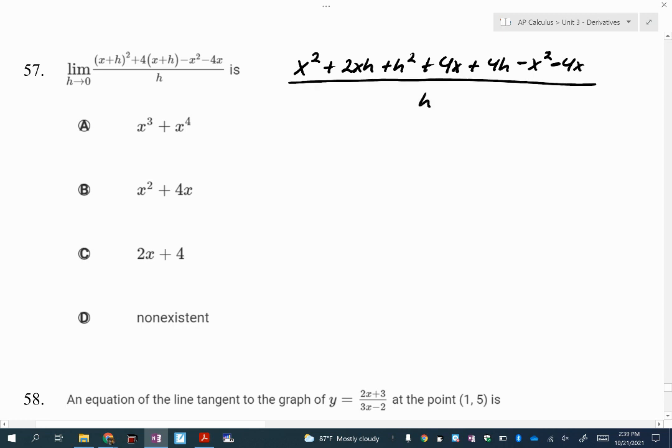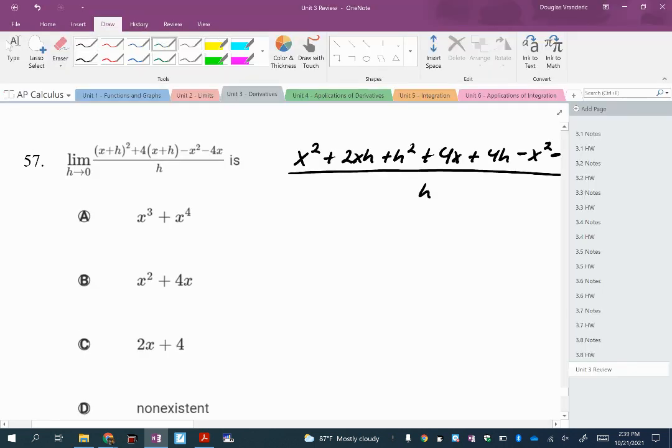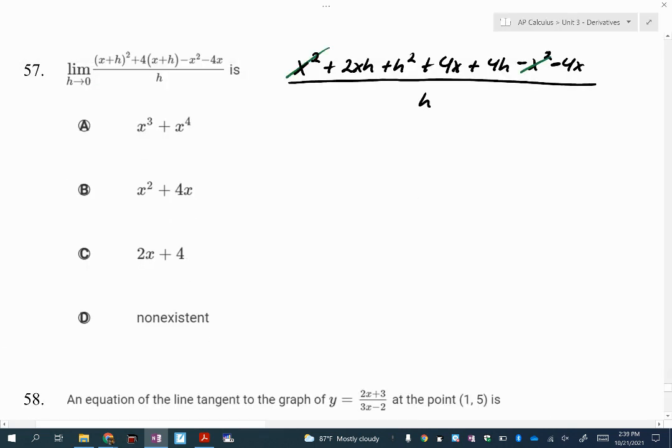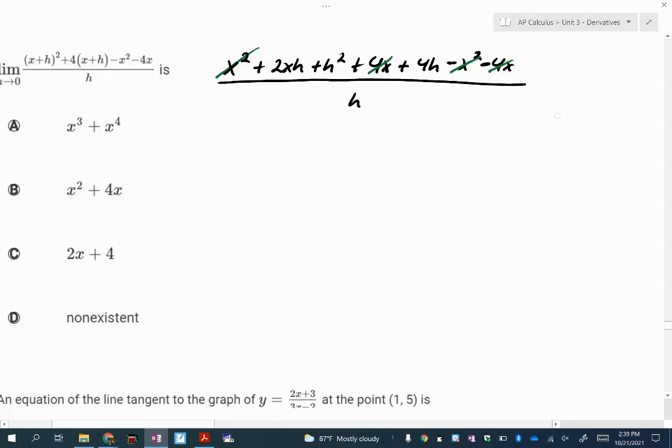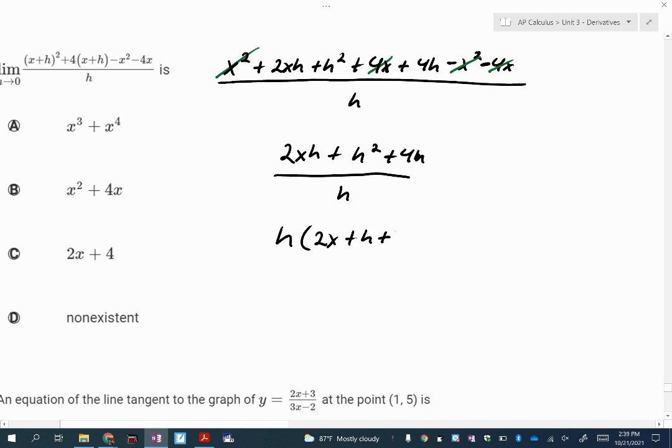I'm going to cross out the stuff that makes 0. So x squared minus x squared is gone. 4x minus 4x is gone. So you're left with 2xh plus h squared plus 4h all over h. Factor out the h. So you have h times 2x plus h plus 4 all over h.